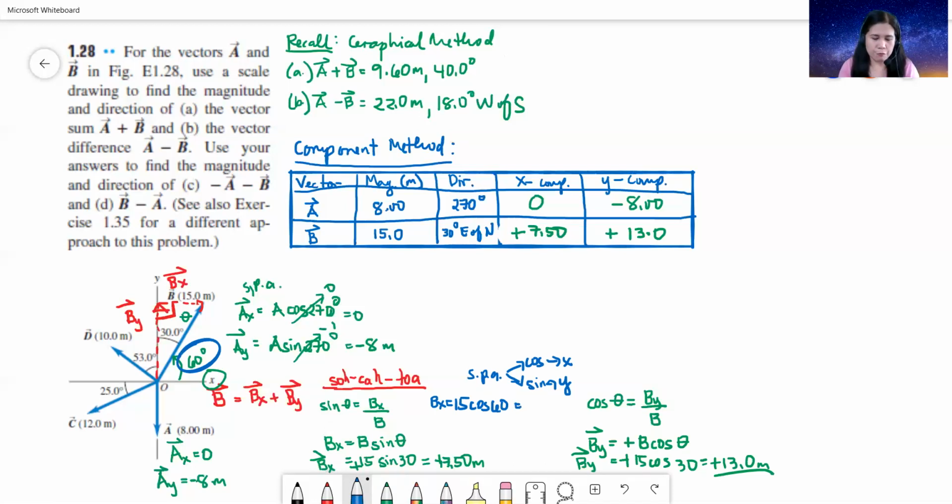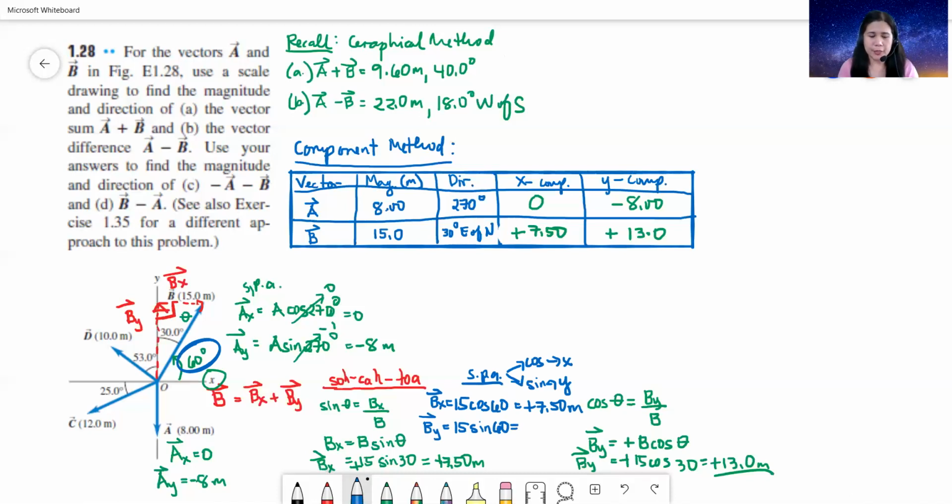Let me check. So 15 times cosine 60. Kasi si 30 at saka si 60 complementary angle, no? Ayan. So it's still 7.5. Positive. So lalagyan ko ng vector sign sa taas, arrow. And then this is positive 7.5 pa rin. Kung nag-SPA ka. And then to determine the y component, it's just 15 sine always and then standard position angle.